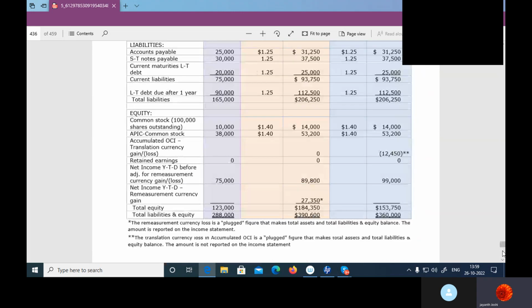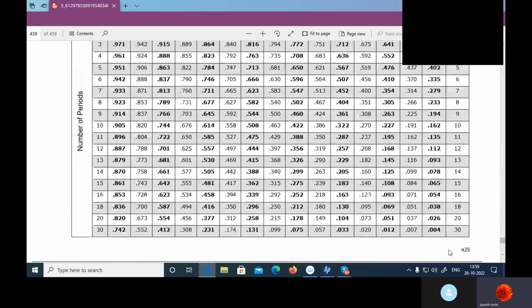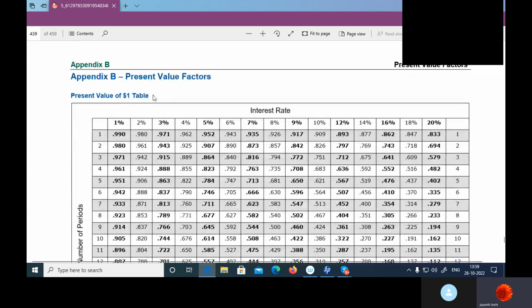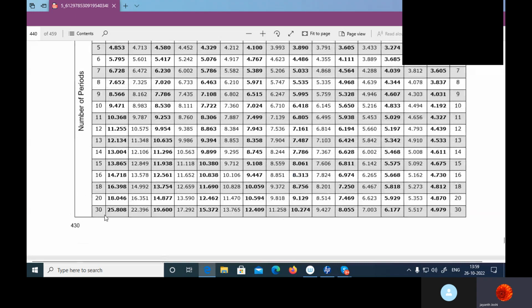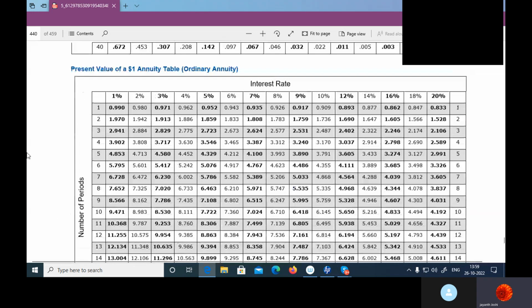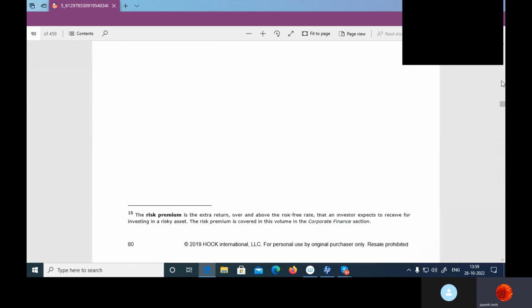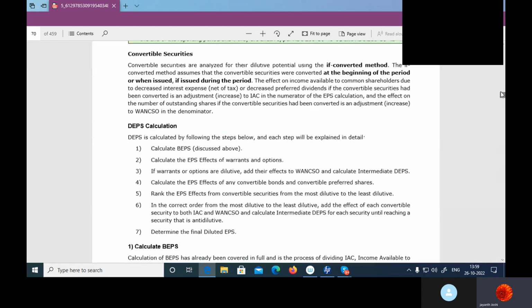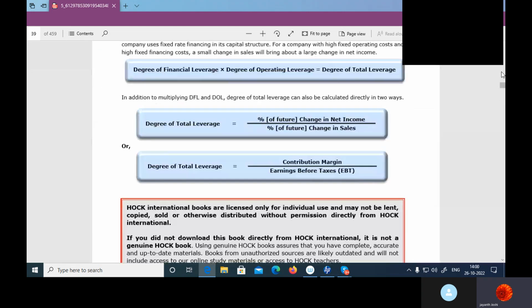If you divide by that annuity factor, you'll get the installment amount, how much you are supposed to pay. This is the present value of annuity table. I'm taking 30 years, I'm taking 14%. Let's say it's 7.003. So divide 50 lakhs by 7.003 and tell me.